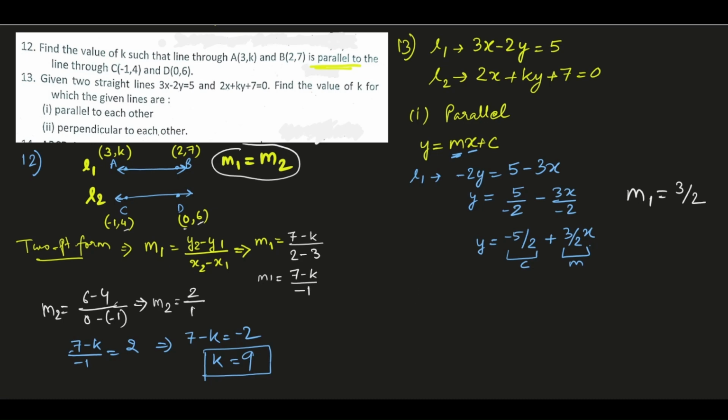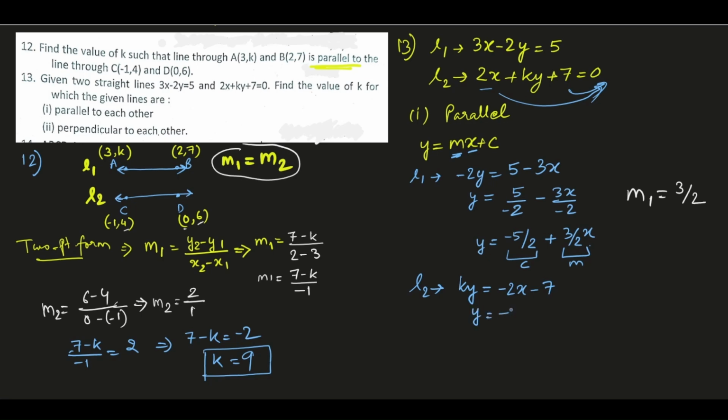Now let's do it for line 2. So again L2, ky stays on the left side, 7 goes there and minus, and 2x goes there on the right, so 2x becomes -2x. See, this 2x goes there, 7 goes there, so -2x minus 7.